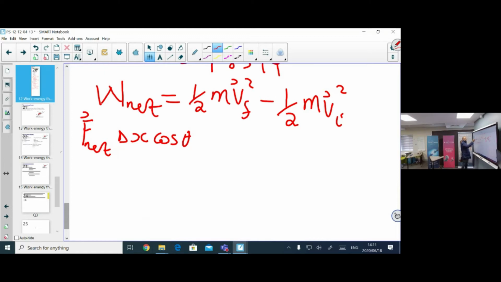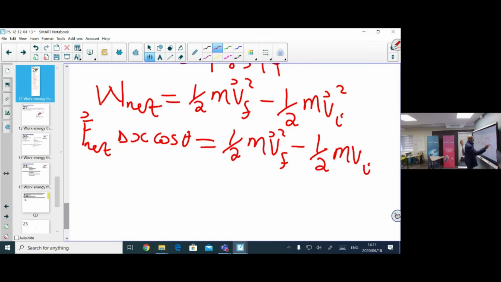This is the work net, which is equal to F net, change in x, cos theta, which is equal to half m v final squared minus half m v initial squared. Don't be confused. This is the formula of the work energy theorem, which is W net equals change in kinetic energy. We have calculated F net, then change in x, that is the distance, is given. The theta that we are going to use is only on the x-axis, which is equal to 0 degrees.